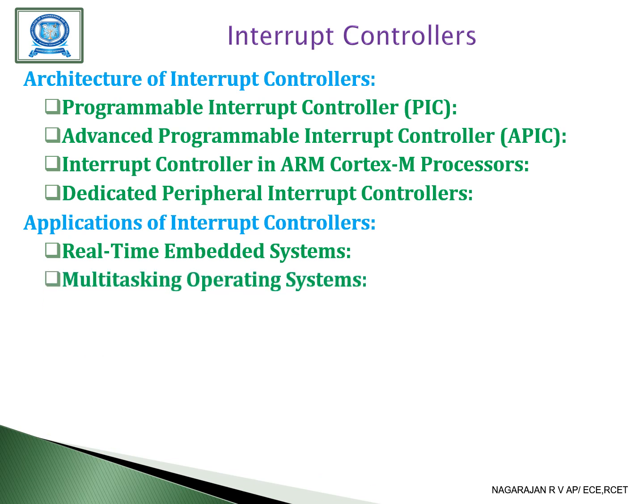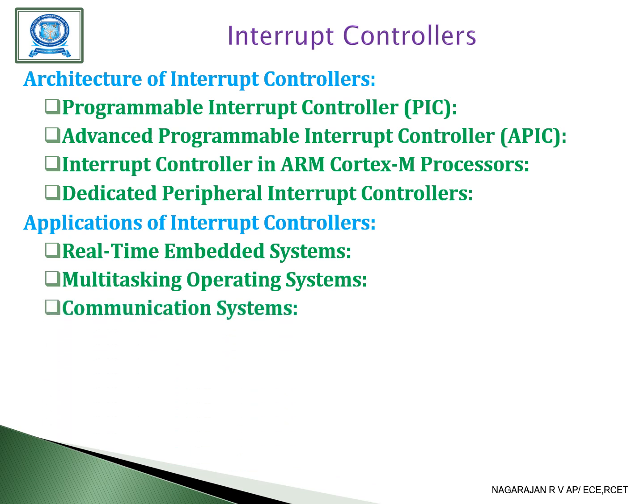The next application is a multitasking operating system. In an embedded operating system, the interrupt controller facilitates multitasking by allowing the CPU to switch between tasks based on interrupts. This capability is essential for maintaining system responsiveness and ensuring that high priority tasks are completed on time.